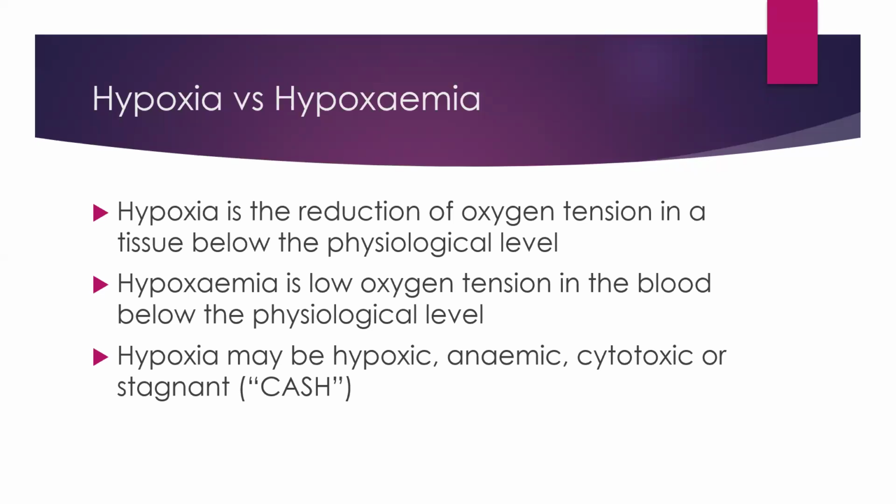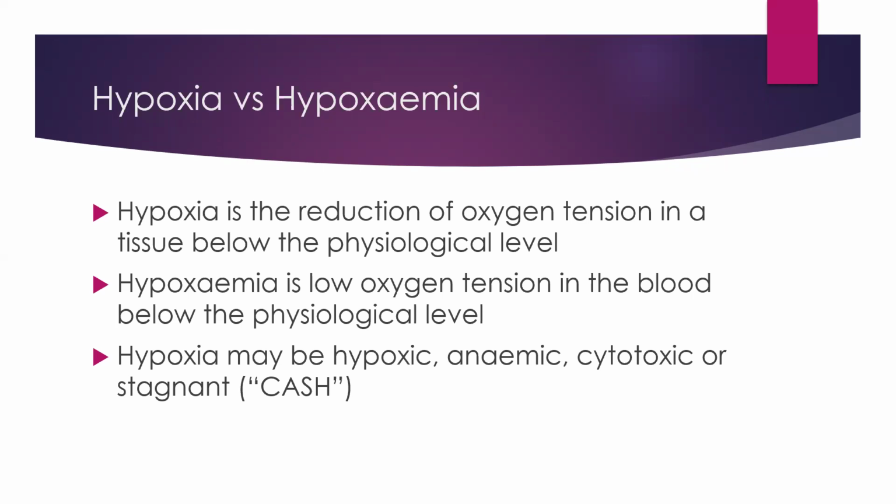Hypoxia has to do with oxygen tension, the pressure of oxygen. When it's below a certain physiological level at the tissue level, we have hypoxia. When there's a low oxygen tension in blood, that's when we call it hypoxemia.